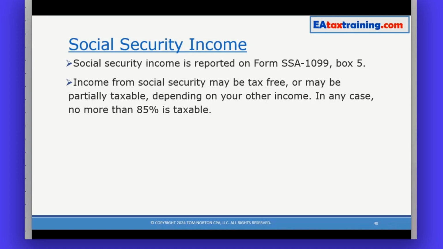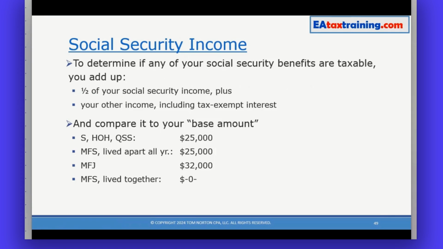You do want to remember that number. So how much of your Social Security income will be taxable? It will be anywhere from 0% to 85%, but not more than 85%.